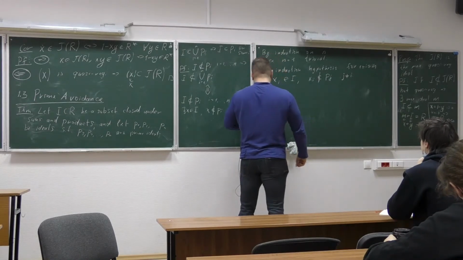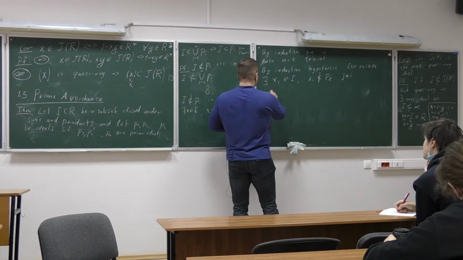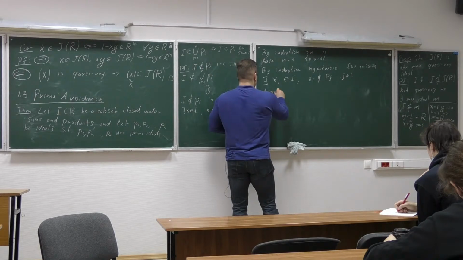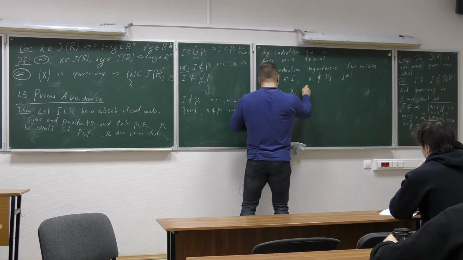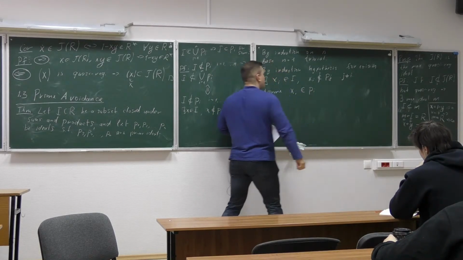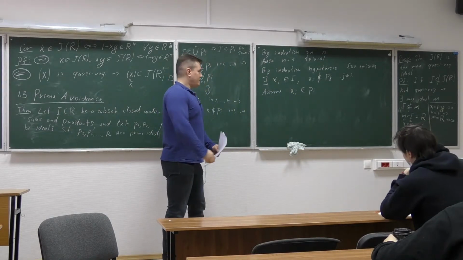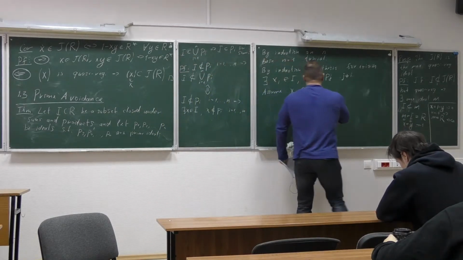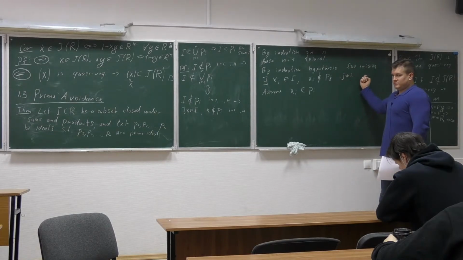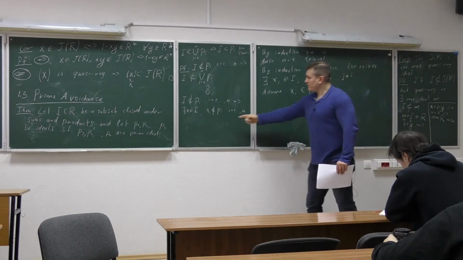So first of all, we can assume clearly that x_i is in the P_i, right? Because otherwise, if you don't assume this, we finish with the proof. We constructed the element that we want.